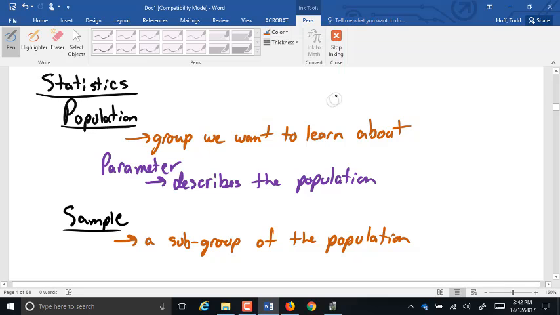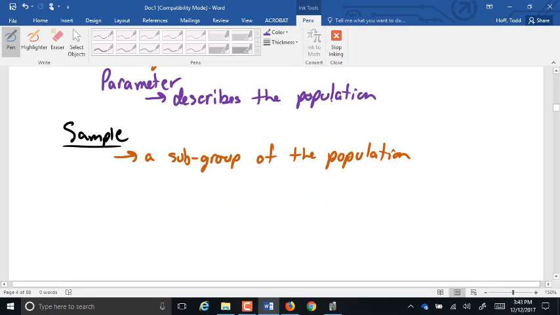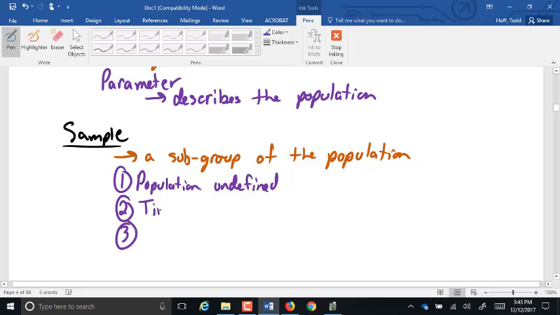And there's a lot of reasons why we would take a sample rather than looking at the whole population. One is what we just said: the population can be hard to define. We might not be totally sure who is in and who isn't in the population. Of course, the next two are always the big ones: time and money.